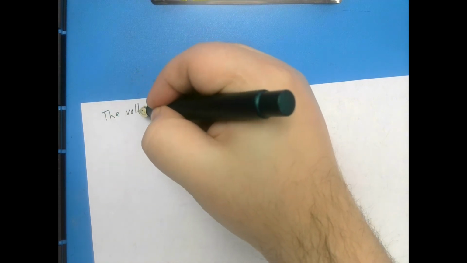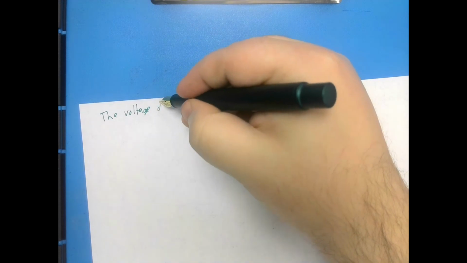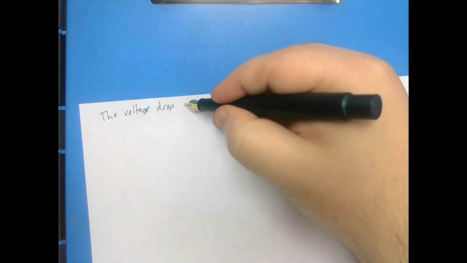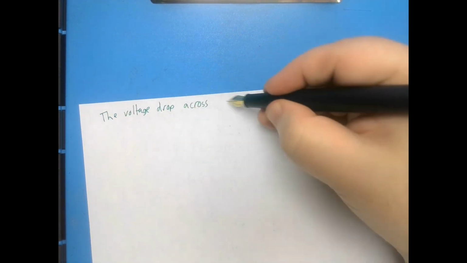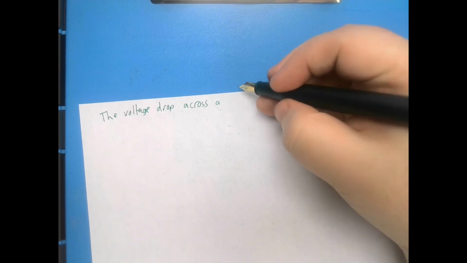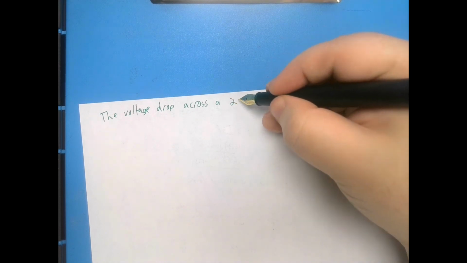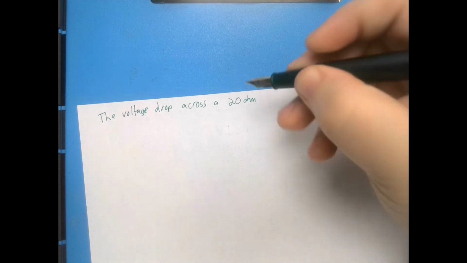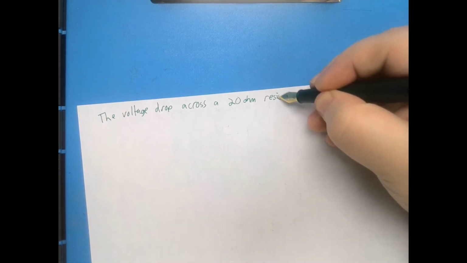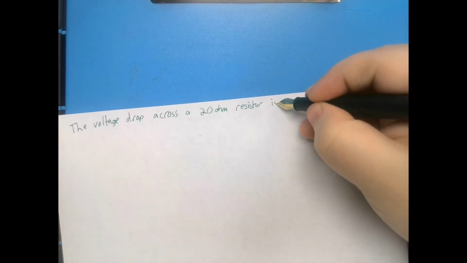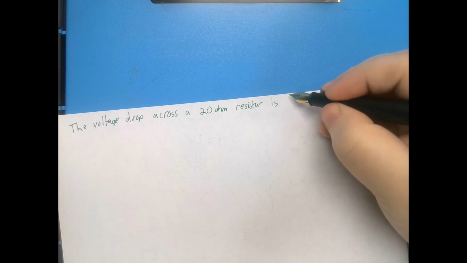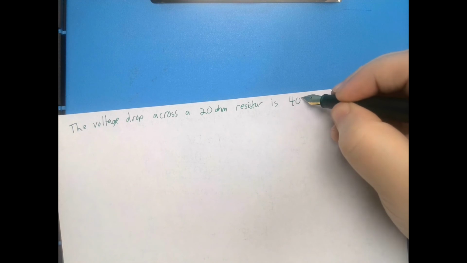The voltage drop across a 20 ohm resistor is 40 volts.